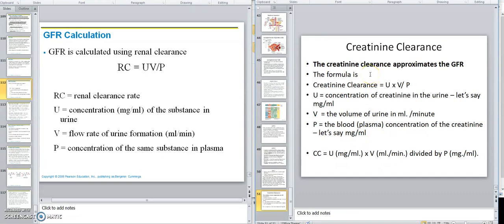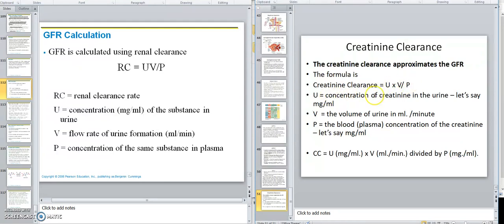Now what we're doing is something we call the creatinine clearance to approximate the GFR. The creatinine clearance approximates the GFR. You see, because remember, creatinine, some is secreted, so it gives an approximation. All right, the formula goes: creatinine clearance, which approximates the GFR, equals U times V over P. Let's look at it.